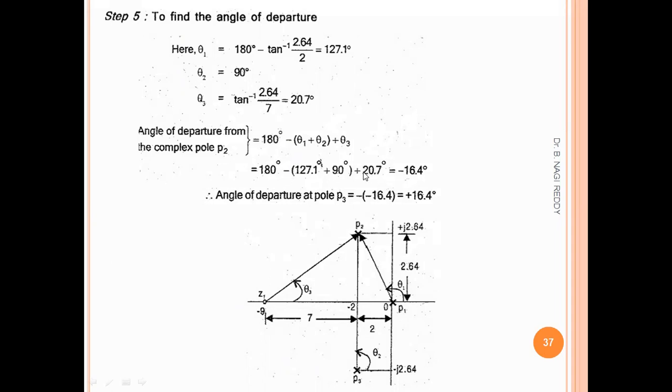Simply, you can see pole P2 and pole P3 are both complex conjugates. That means if the P2 angle is minus 16.4, then the P3 angle will be plus 16.4, because the mirror image of P2 is P3, right? So the mirror image of minus 16.4 will be plus 16.4 degrees. That's it. So we have done the angle of departure calculations at P2 and P3.